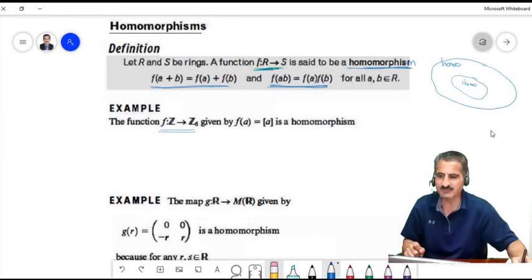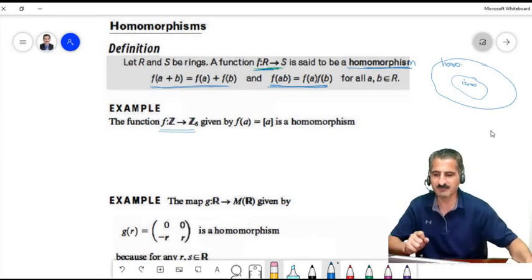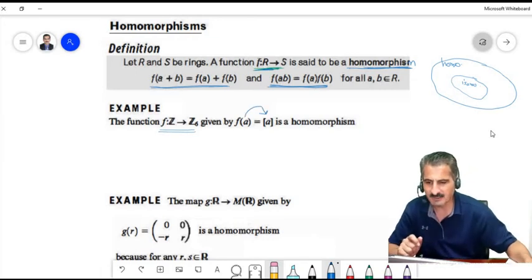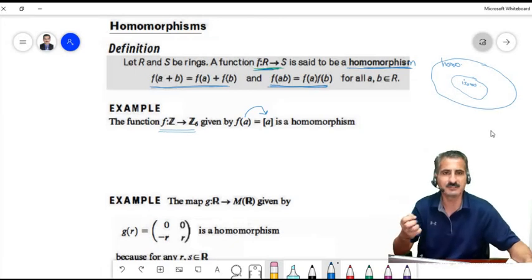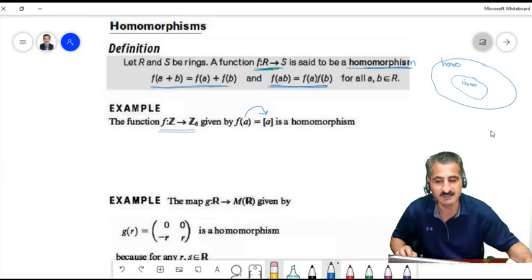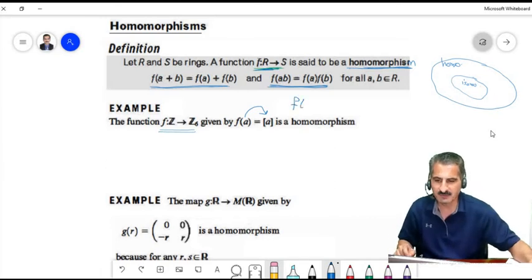Take a function from Z to Z6 defined by taking an a from the integers and taking it to its equivalence class inside Z6. For example, f of 13 is the same as the equivalence class of 1, right? And this is the same as f of 19. Do you agree?